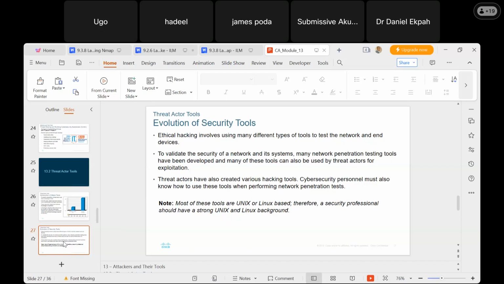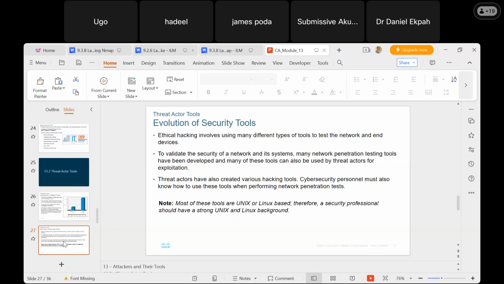So, evolution of security tools. Ethical hacking involves using many different types of tools to test the network and end devices to validate the security of the network and its systems. Many network penetration testing tools, such as Kali Linux, have been developed, and many of these tools can also be used by threat actors for exploitation.